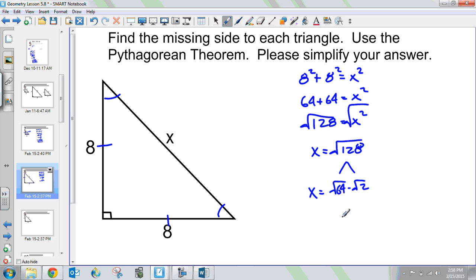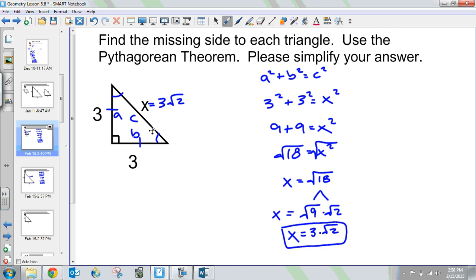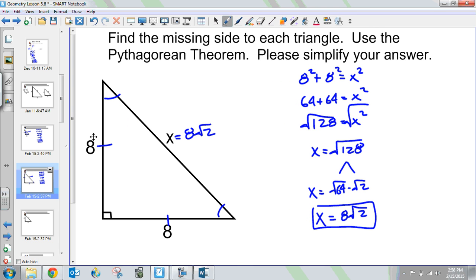Now I can take the square root of 64, and I get that x is equal to 8 times the square root of 2. That's pretty powerful because that's similar to what we just had. In the previous example, if both of these sides were 3, then my hypotenuse is 3 times the square root of 2. So in here, 8 and 8, I get 8 root 2.